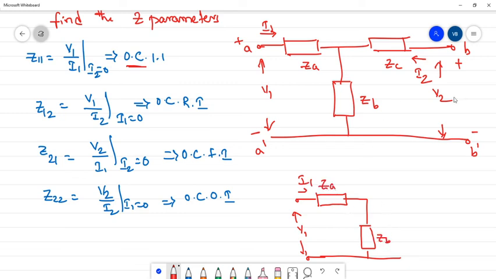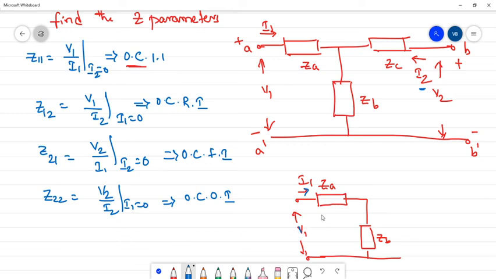We are not shorting the ports, we are opening the ports, and I2 is equal to 0. There is no current I2. If the current drawn is 0, then that resistance is not connected, it is open circuited. The resultant circuit will be like this, having only ZA and ZB, where I1 is the input current and V1 is the input voltage. For this one we need to calculate Z11.